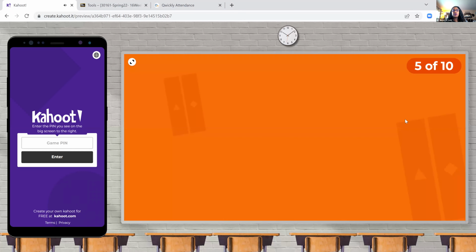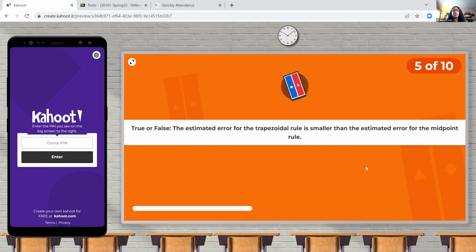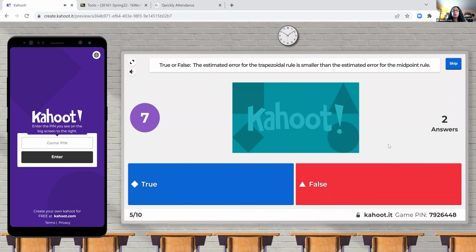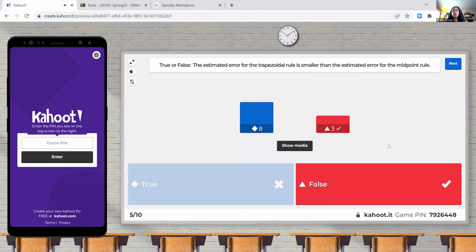True or false? The estimated error for the trapezoidal rule is smaller than the estimated error for the midpoint rule. Okay, the error for the midpoint rule is smaller than the trapezoidal rule.